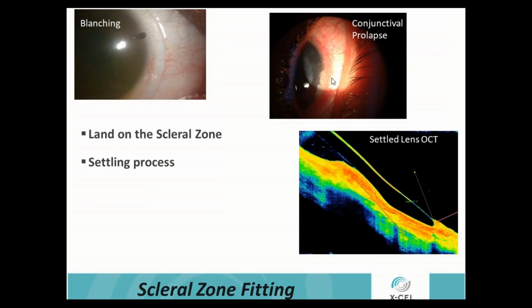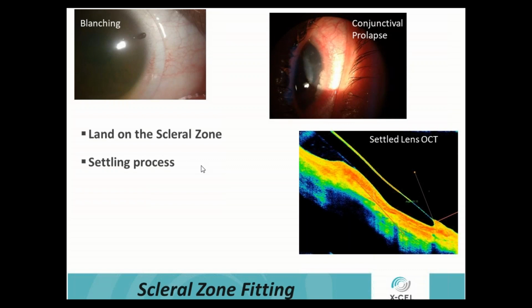It's one of those situations where it's really a search and destroy. The settling process, as we alluded to earlier, is very important. We know, again, 20 to 30 minutes, we're going to see half of the settling of these lenses, but 5 or 6 hours for a lens to fully settle.